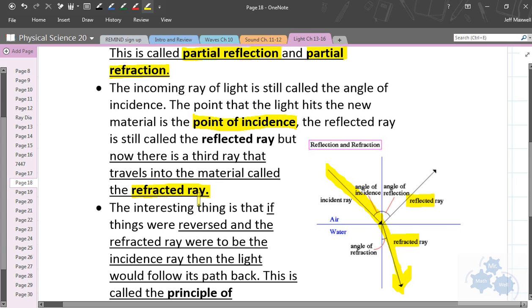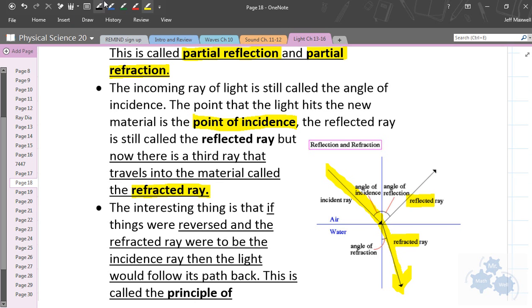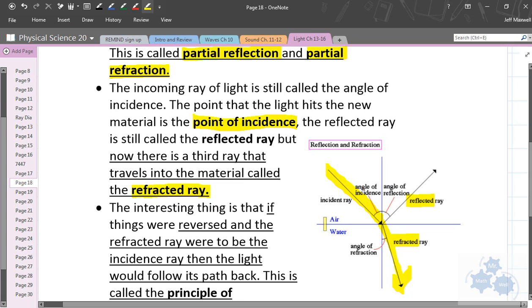Now, if there was nothing extra at this boundary between air and water, like no extra reflective film, then we have a slight partial reflection, and that would be represented by this ray. But most of the light would go through, and that's what we see when we look at a straw.